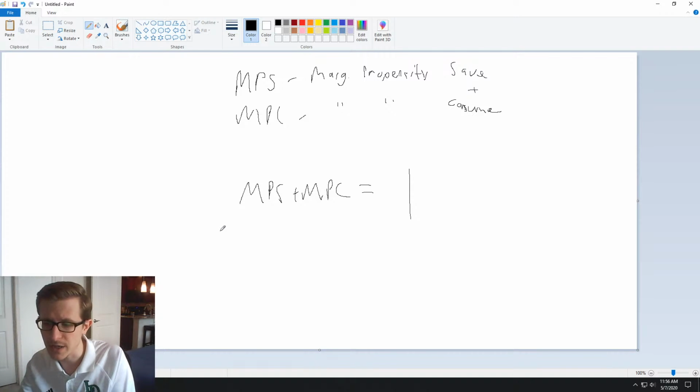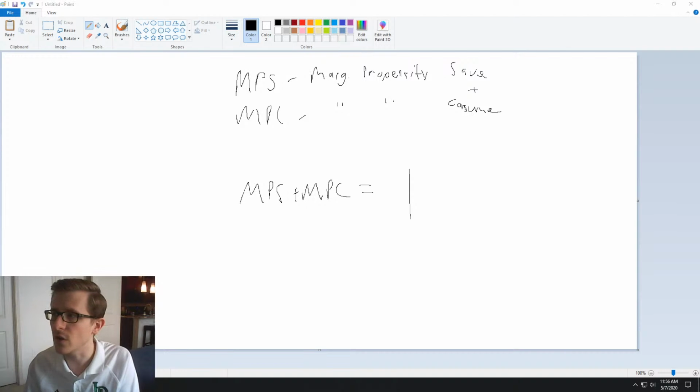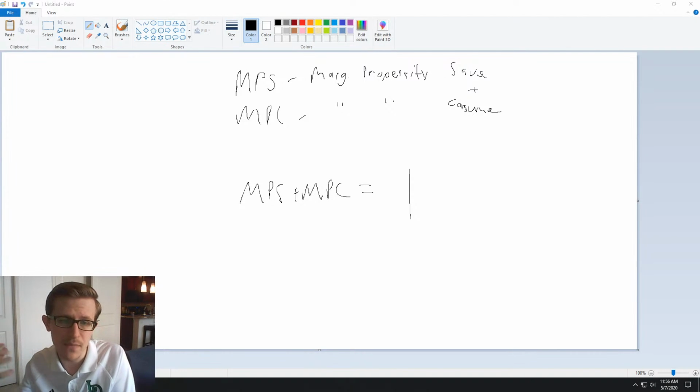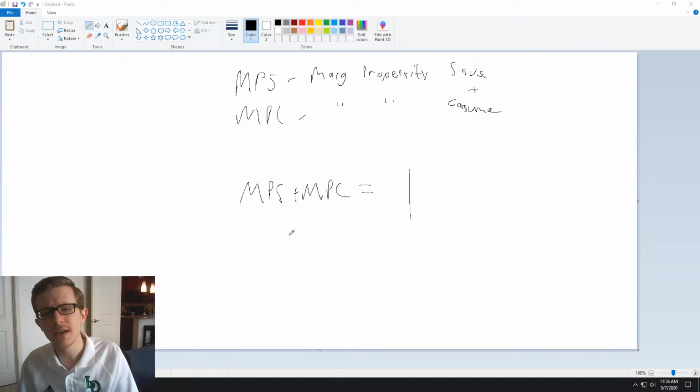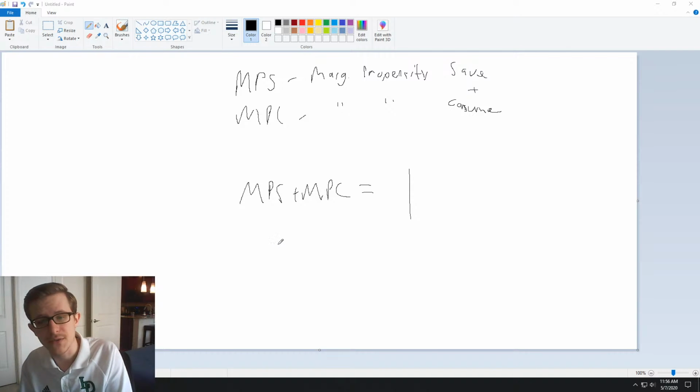People got $1,200 checks, but a lot of people, the ones that kept their jobs especially, the expectation is very, very low, meaning that a lot of them just saved it away. MPS during periods of recession goes way up because people are uncertain about the future. They don't know if they're going to keep their jobs, whatever it is. So MPS will be going up, and then MPC will be going down as a result of that.